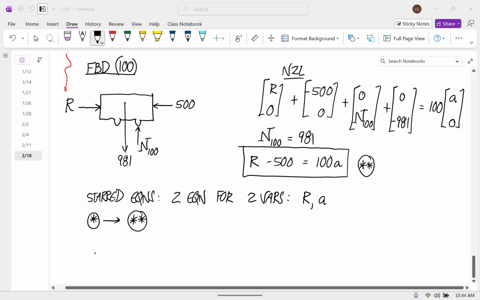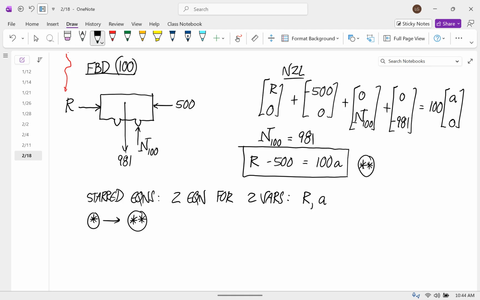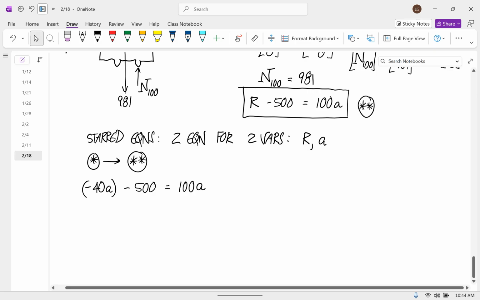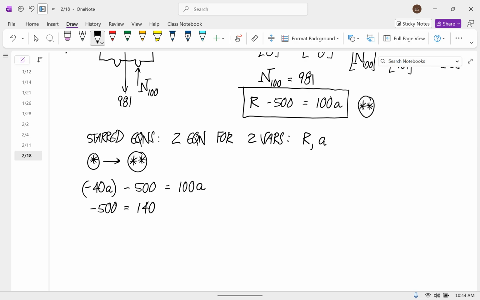So plug negative 40A in for the R here, and you get negative 40A minus 500 is equal to 100A. And so negative 500 is equal to 140A.